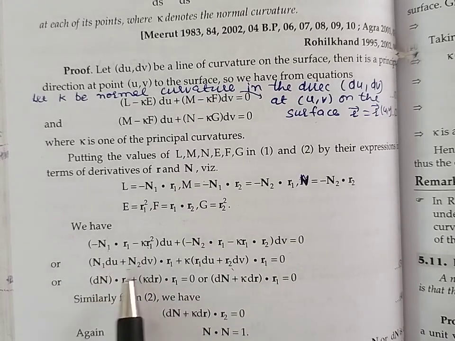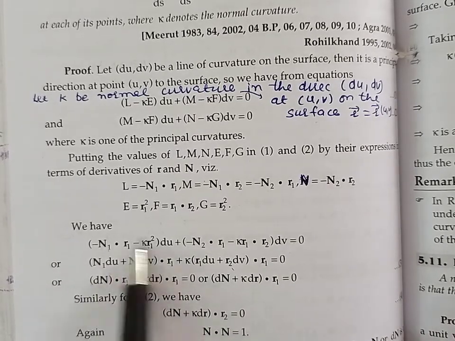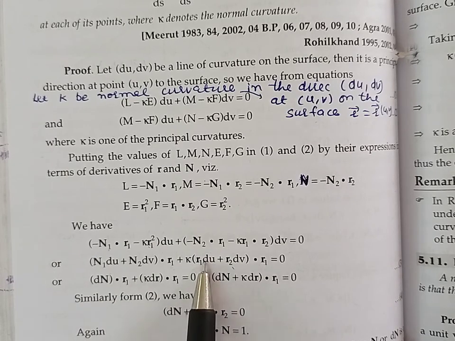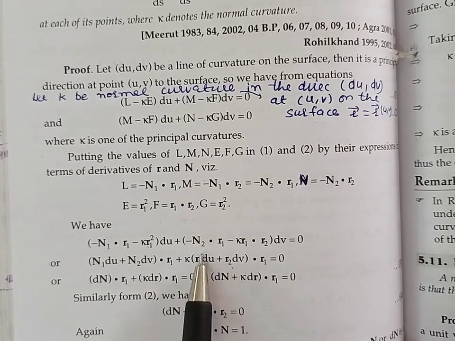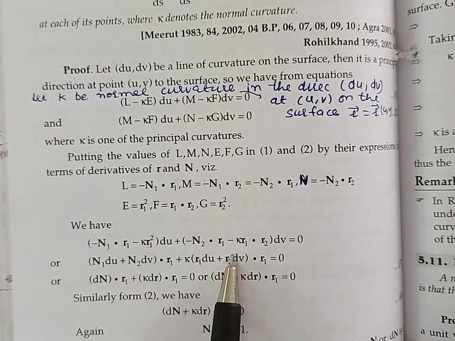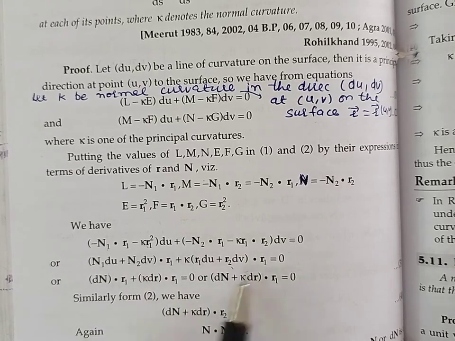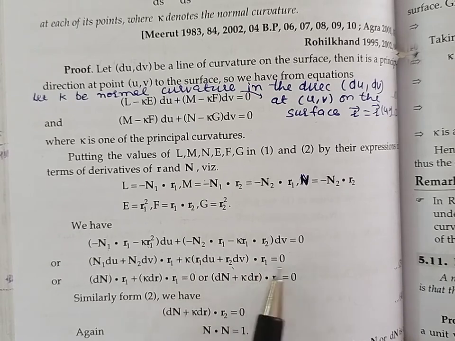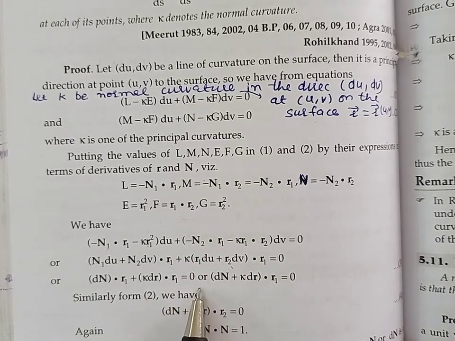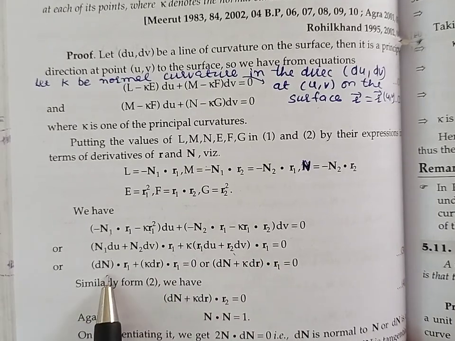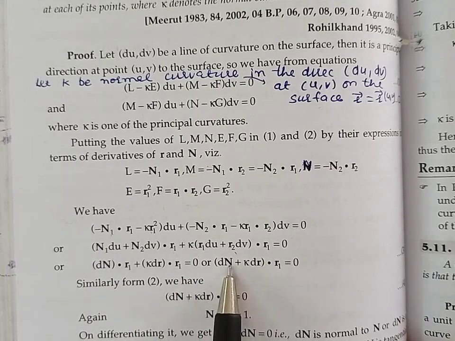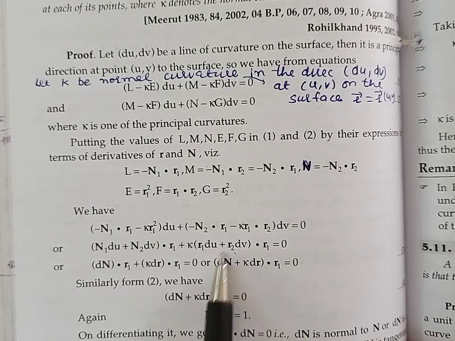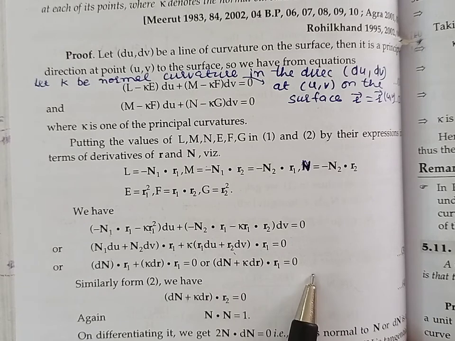Now n1 du plus n2 dv denotes dn, and r1 du plus r2 dv denotes dr. So this equation will become dn dot r1 plus kappa into dr dot r1 is equal to 0, and this equation can further be written in the form dn plus kappa dr dot r1 is equal to 0.